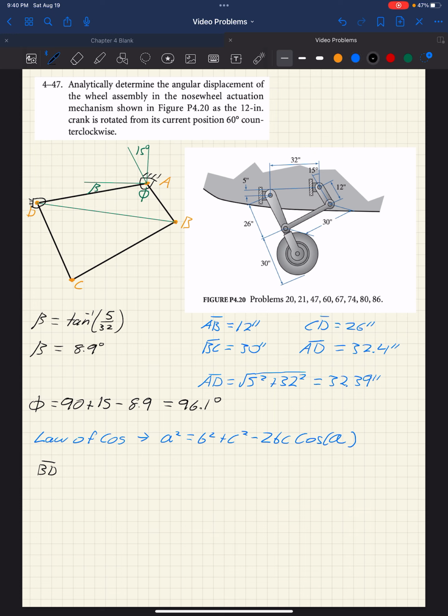So let's use the law of cosine to solve for BD. So BD is equal to AD squared plus AB squared minus 2 AD AB times the cosine of our angle phi, all that square rooted.